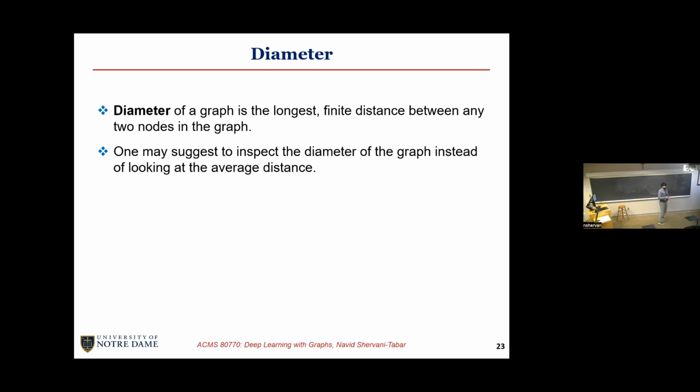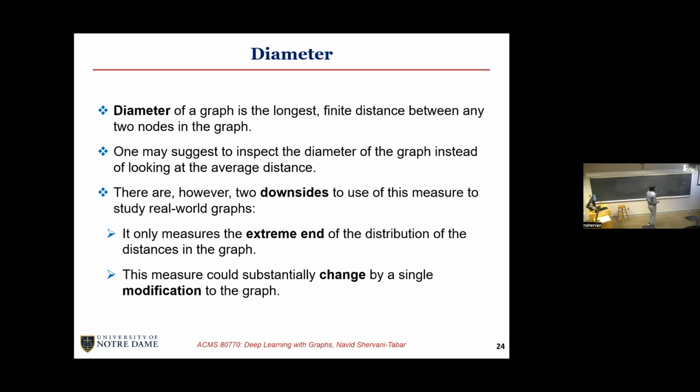Now let's say that we use this diameter as some measure for studying the structure of this graph. But the problem with that is that diameter is just giving you the farthest extreme of the distance distribution, right?